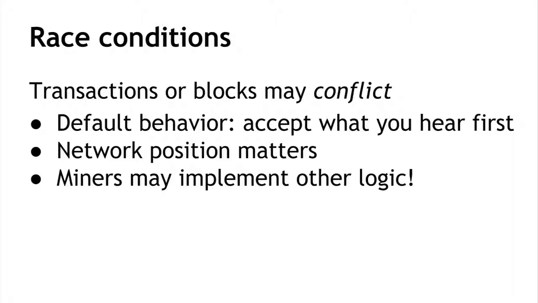So the default behavior is for nodes to just hang on to whatever they hear first, which means that network position matters. If two conflicting transactions or two conflicting blocks get announced at two different positions in the network, they'll both flood in opposite directions, and the nodes which end up with one transaction or the other will depend on which side of the network they started out closer to.